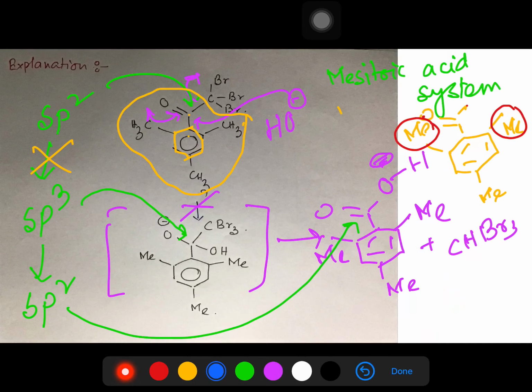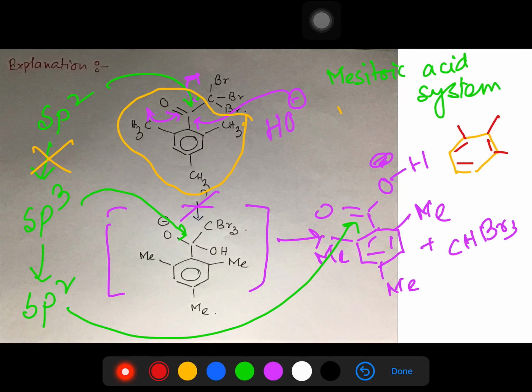You can see that since it is not in conjugation, what can happen? This is the benzene ring, sorry, this should be hydrogen. So this is methyl, this is methyl and this is methyl.